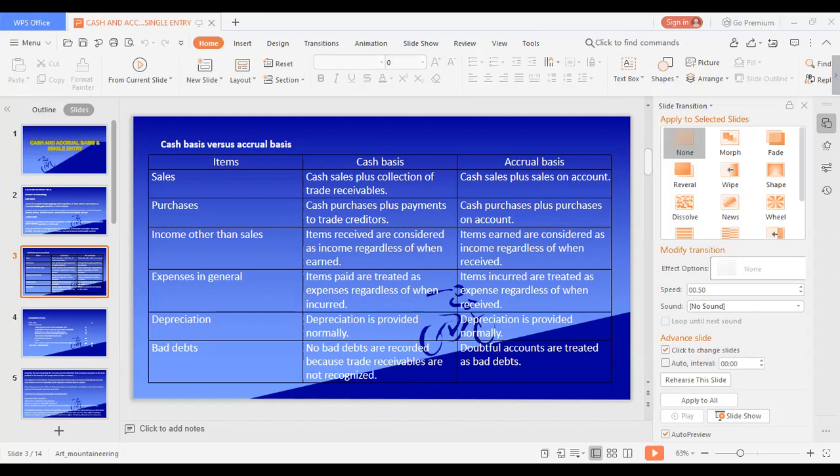Then 14-4, under cash basis, what amount should be reported as sales? In number 4, accounts receivable in January 1 given is the amount of 1 million. So accounts receivable in January 1.